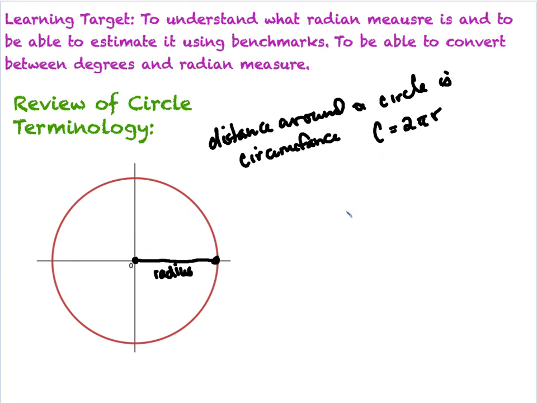Some other things we might want to know is that when you travel any distance along a circle's path, this is known as an arc. That creates an arc, okay? And if we connect what they call terminal arms from the center out to the edges of an arc, we create an angle here.